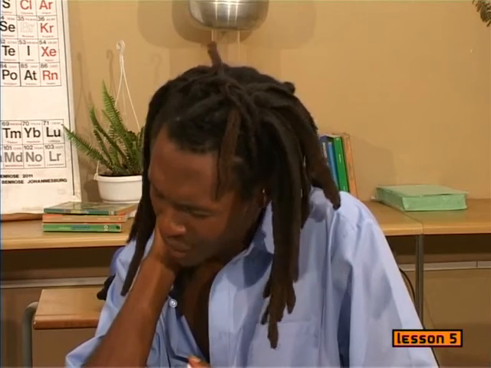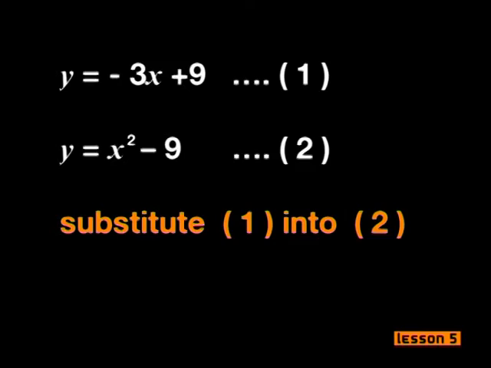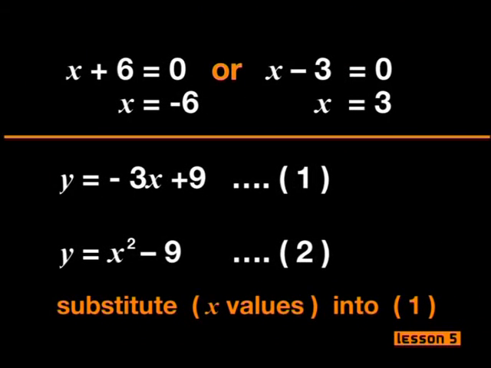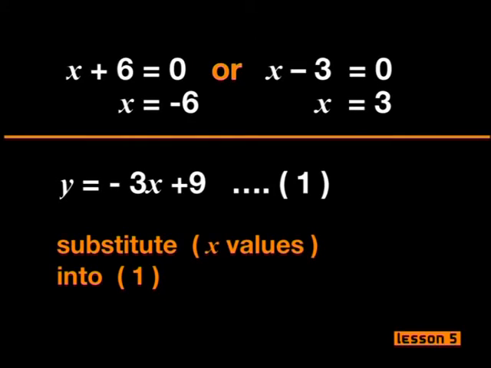But how do we find the values for y? Well, you substituted y from equation 1 into equation 2 to find the values of x. So all you need to do to find the values of y is substitute your answers back into equation 1 in order to find y. Do you think you can do that? Sure, it shouldn't be too hard. I'll take the first solution, x equals negative 6, and substitute it for x in equation 1.